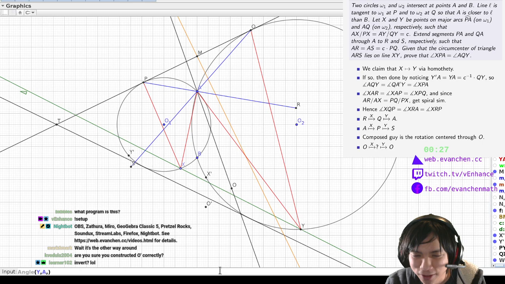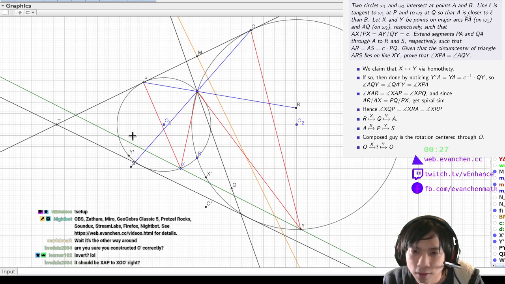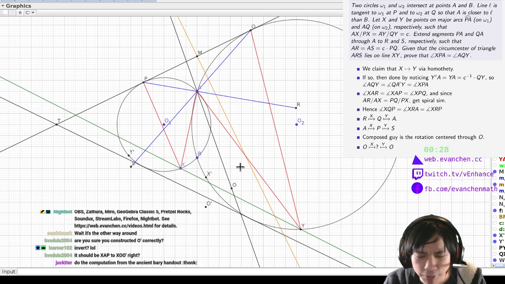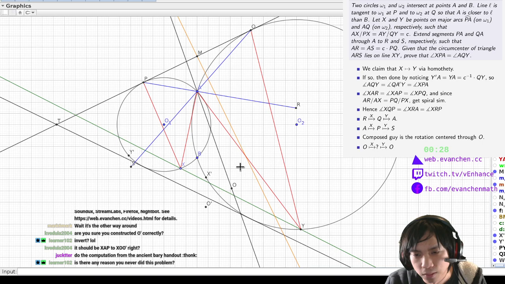No, I'm not inverting. I just got the spiral sim. Ah, I'm so aggravated right now. Okay, so the Y map takes XAP to XO prime, right? Oh. No, what? Okay, what are we constructing? Someone please explain. Wait, okay.